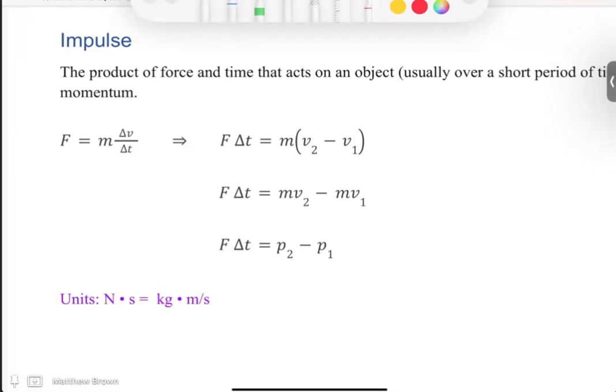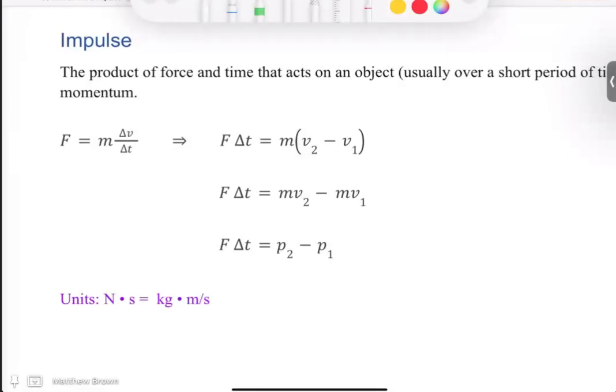Multiply both sides of this equation by delta t, and on the other side, you've got m delta v. And then you can see that's really just final momentum minus initial momentum. So this thing here, which we're saying is impulse, is just the change in momentum.